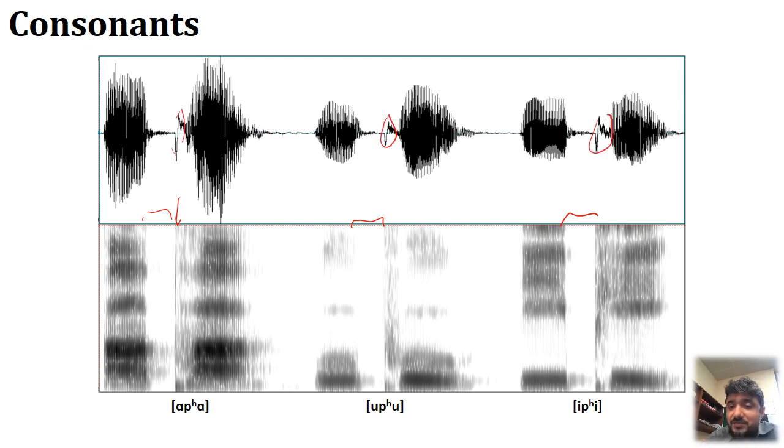You can see an impulse-like function here, which is usually an indicator of the burst. If the burst is not very visible here, it's mixed up with the oncoming formants, which is almost always the case when there is aspiration, as it is here. So a good indicator of the burst is in the time domain, not in the frequency domain.